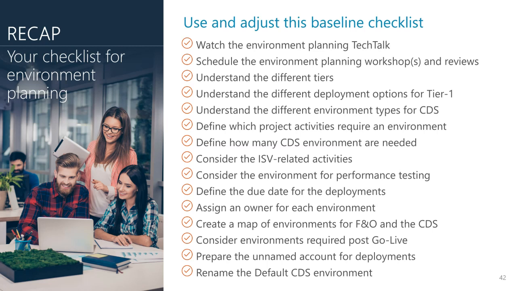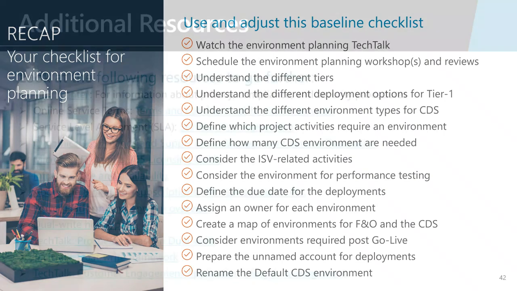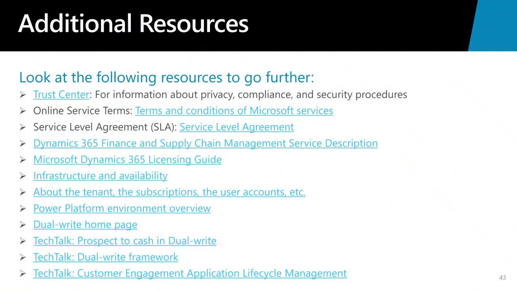So you can see here in the F&O aspect, whether you have understood different tiers, whether you understand different options for tier 1 deployment, etc. And in case your project needs to integrate between F&O and CDS, then here you can see some checkpoints related to CDS also.